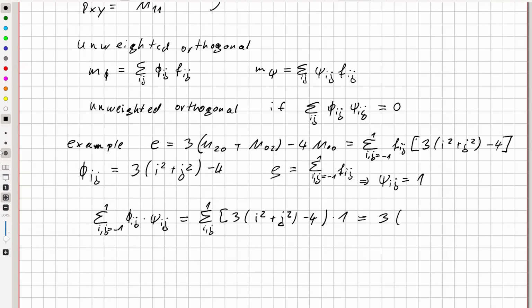You have nine populations, and out of them 3 have no i in them, so there will be 6 left. And 3 have no j in them, so this is what is left. And we have 4 times all the 9, and you see that this is 0, and therefore they are unweighted orthogonal.